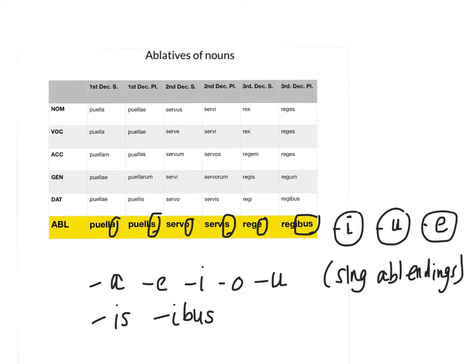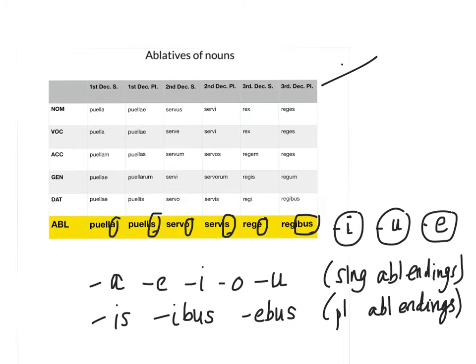And in the fifth declension, we can also see the ending ebus. So in fact, what we're looking at is either is or bus on the end. Those are our plural ablative endings. It's worth really learning those. As I've said, you should really know this entire table, but in particular, take some time to study the ablative endings.